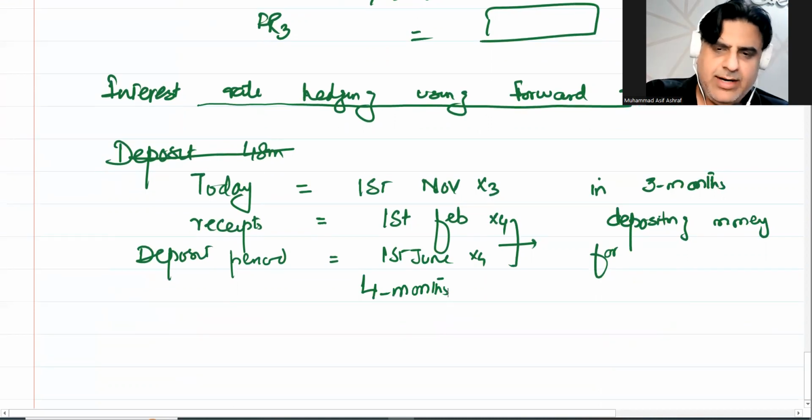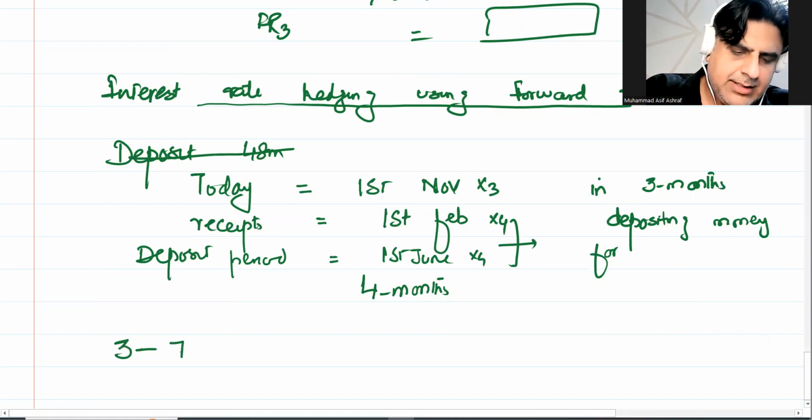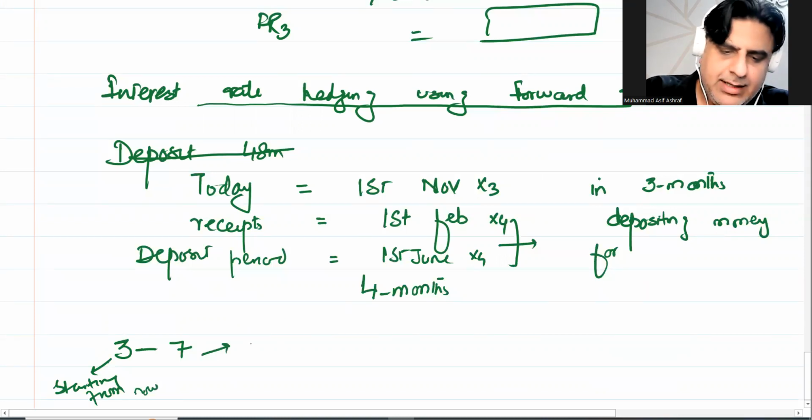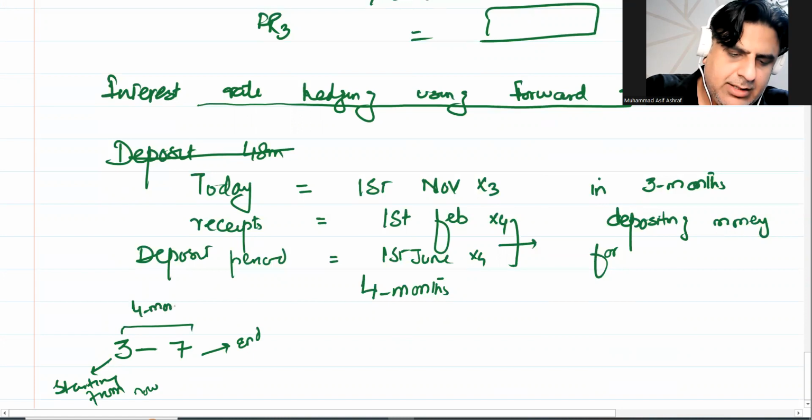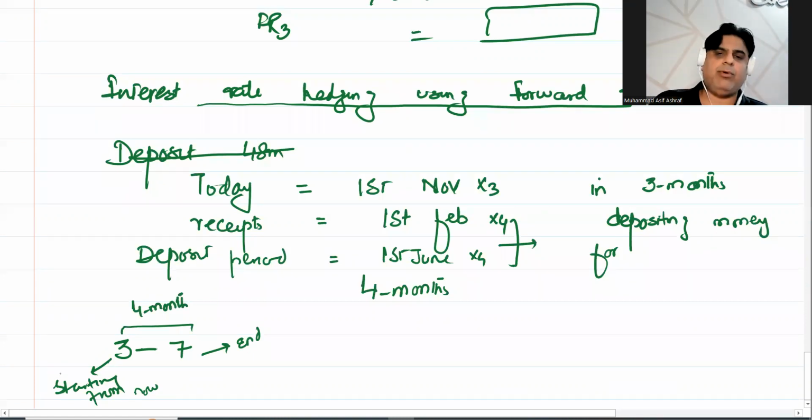So few forward rate agreement will be quoted like 3-7. 3 means the starting period from now, 7 the ending period, and the difference would be the duration for which we need to deposit or we need to borrow.